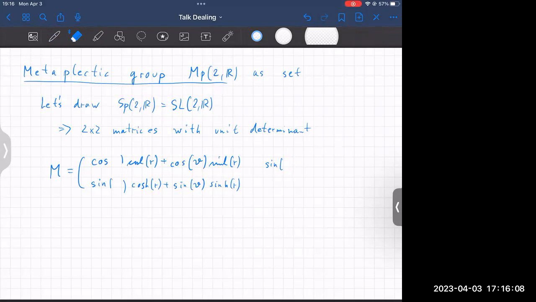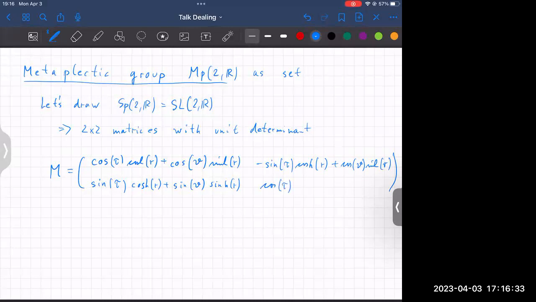I even keep the theta, so I just call this one tau, and then I have here minus sine tau cosh r plus cosine theta sinh r, and then cosine tau cosh r plus sine theta sinh r.